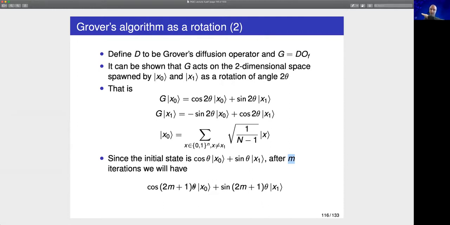Okay, the initial rotation that we had in the initial state plus the m times that we have rotated by angle 2 theta. Okay, and now what we want is this amplitude here to be close to 1. We want to stop after doing a number of iterations that makes this value close to 1, because then if we measure at that moment, we are going to measure x1 with a high probability, and that is exactly what we want.